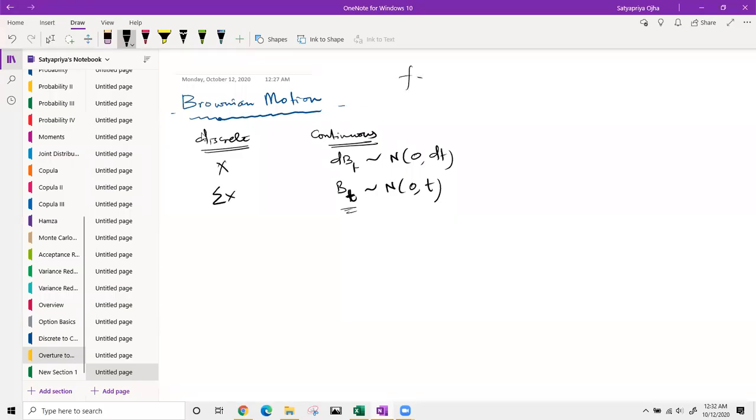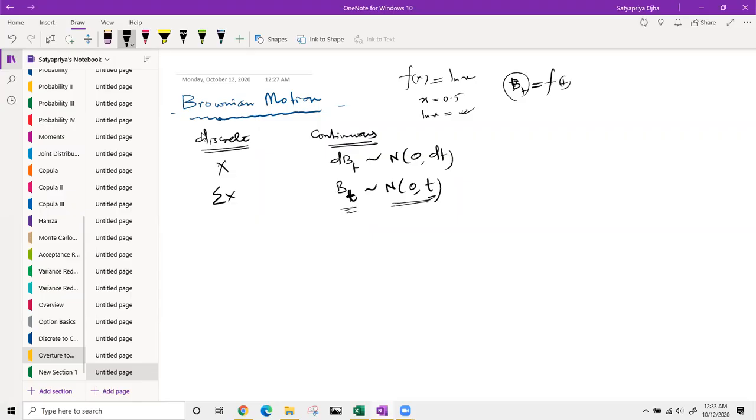If you have f of x equal to, let's say, log x, if you know x, you know exactly what log x is. But here, Brownian motion is a function of time, not explicitly a function of time. Its variance is t, so it depends on time, yes. But is it fixed? It's not fixed. It's a random quantity. So the rules of calculus will be completely different. We'll go there. All right.